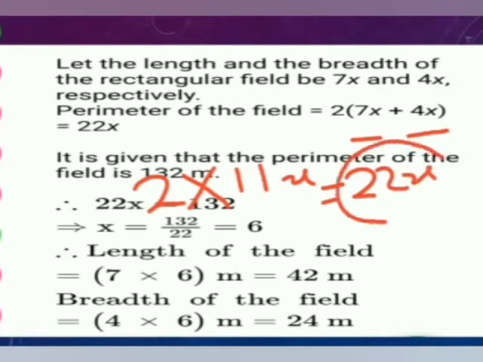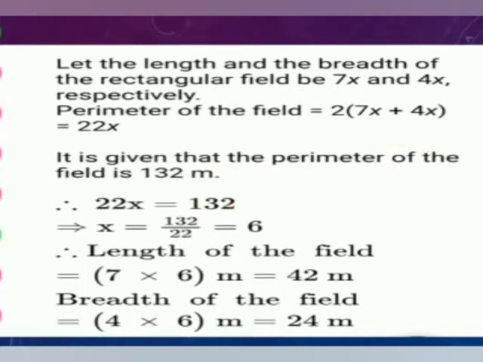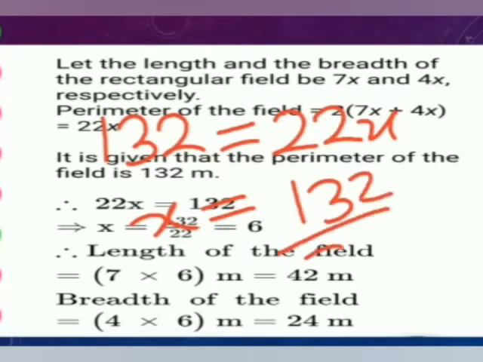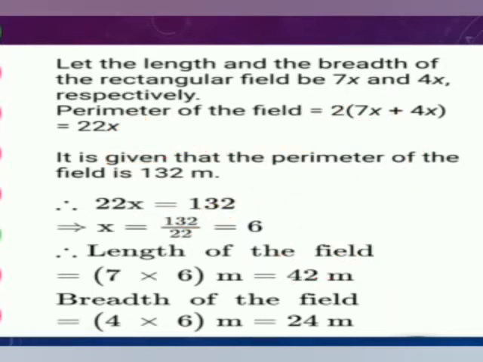We have also calculated earlier in this question the perimeter of the field, which is equal to 132. Since both perimeters are of the same field, we equate them, and from here we will calculate the value of x. By dividing 132 by 22, we get the value of x, which is 6. Once x is calculated, we find the length.